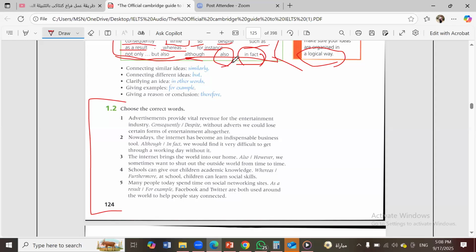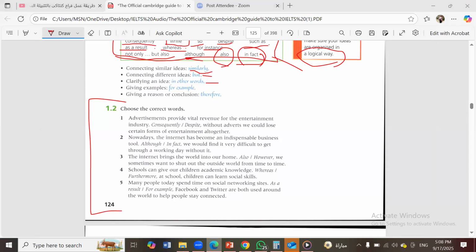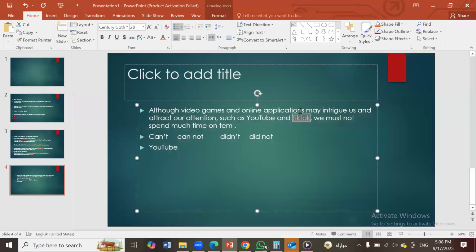All right. Okay, before we go down, if you're connecting similar ideas, you can use similarly. Connecting different ideas, you use but or however. To clarify an idea, to say in other words, وبمعنى آخر. For example, this sentence: Although video games and online applications may amuse us and attract our attention, such as كذا كذا كذا.